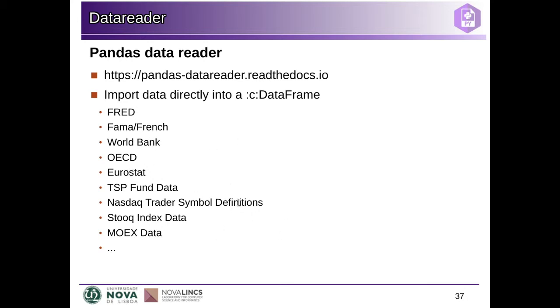So if you're dealing with this kind of data for sociological studies, financial studies, things like that, this may be a useful thing, because you can directly query the servers and get your data as data frames, and don't have to worry about downloading things and converting formats and so on. This library does this for quite a lot of services like this.